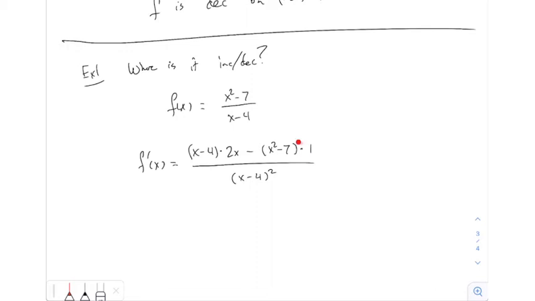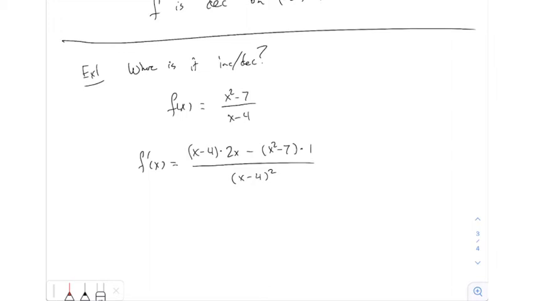Now the top here, I hope you're not tempted to do this kind of thing. That is a bogus cancellation right there, because the x minus 4 up top is not factored out of everything. It's only on the first half right here. If you want to cancel something, it has to be factored out of everything. Anybody have a suggestion about what we could do here?